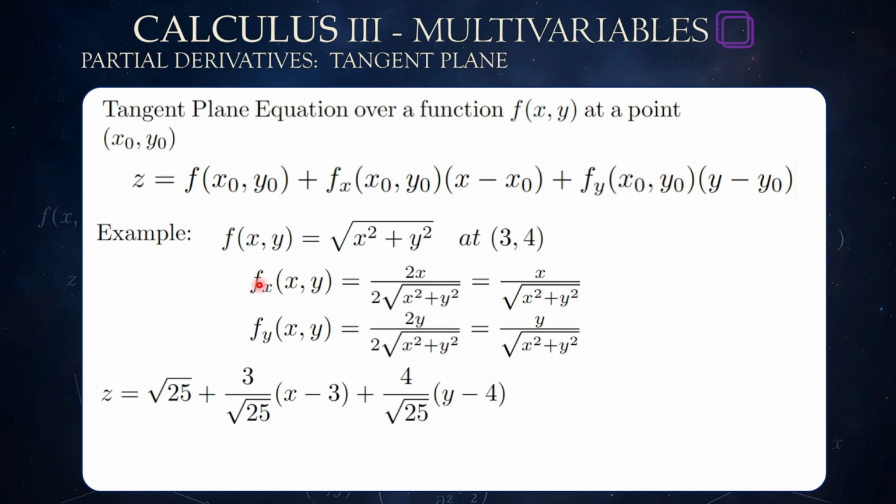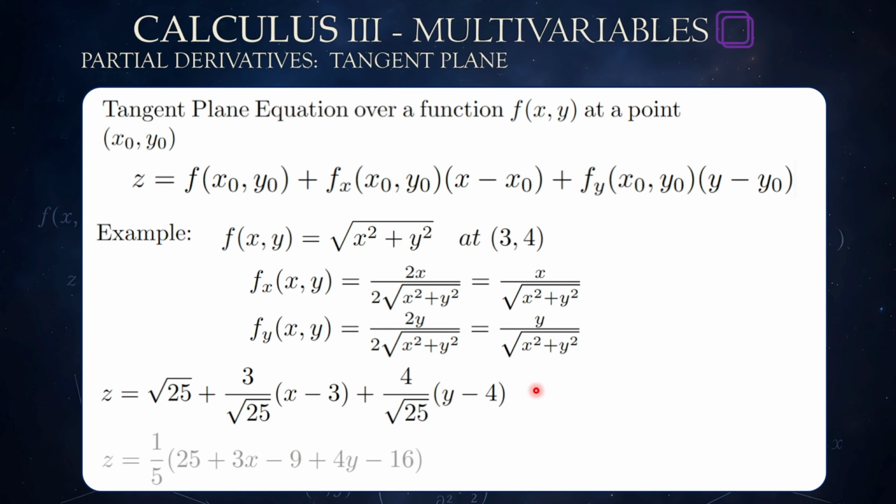So z equals f(x0, y0); you replace 3 and 4 in the first equation, and it gives you the square root of 25, plus f_x(x0, y0), so you place 3 and 4 in the derivative of f with respect to x, times (x minus x0), which is x minus 3, plus f_y(x0, y0), so you replace 3 and 4 in the second derivative, then you multiply by (y minus y0), which is y minus 4.